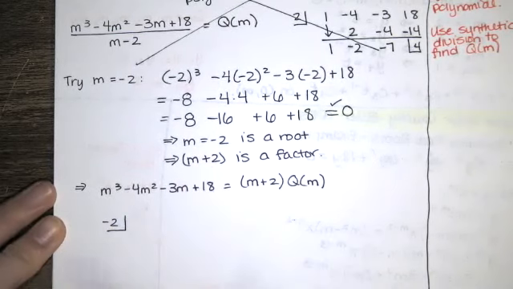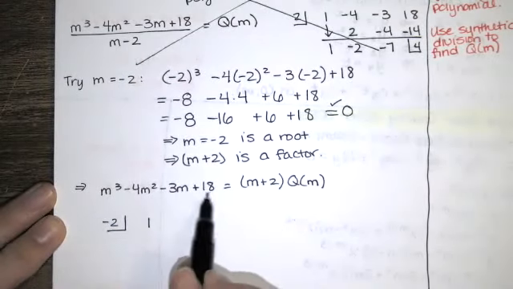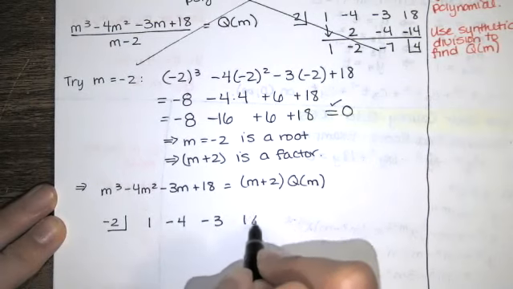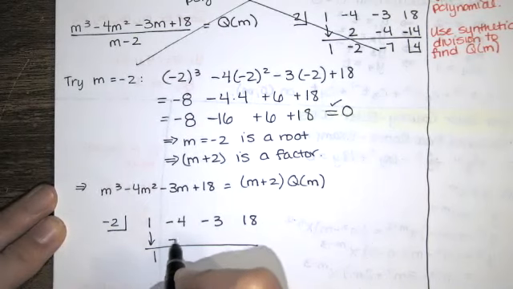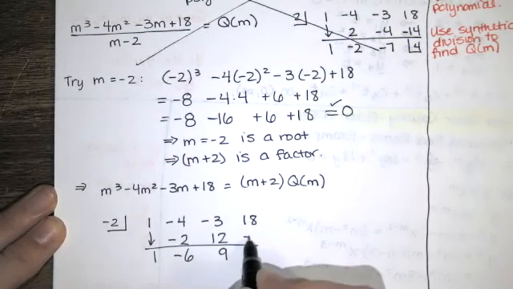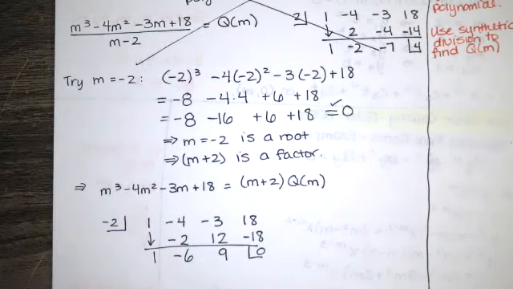So you set the factor equal to 0 and you solve for m, that's the corresponding root of negative 2. You list the coefficients of this polynomial over here. You bring the first one down, multiply and add, multiply and add, multiply and add. That's good. I get a 0, which is what I was expecting.